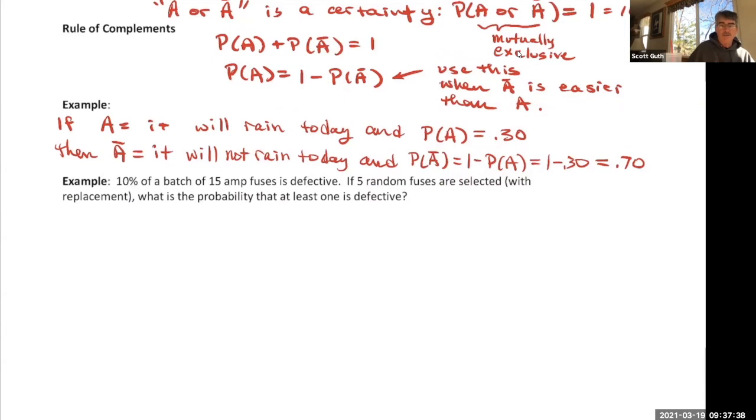It's almost so common sense there's no point in saying it, except for when the problem you're given is super complicated, and it's just easier to look at the opposite event. Okay, so I have an example of this here.